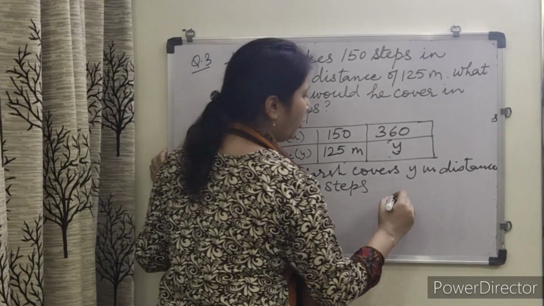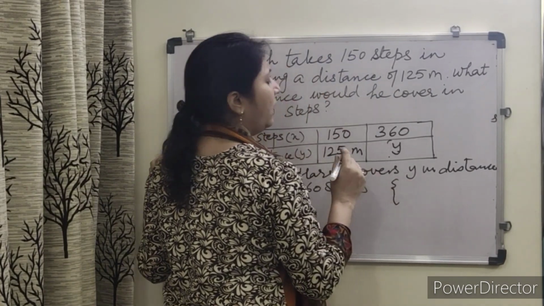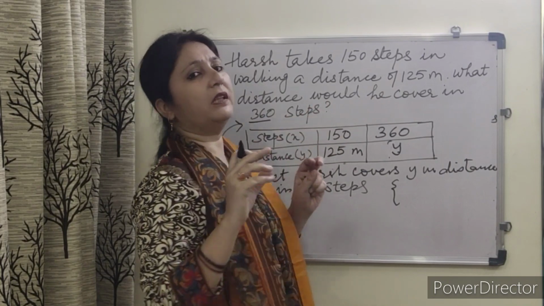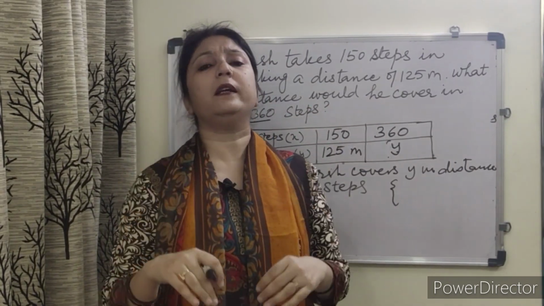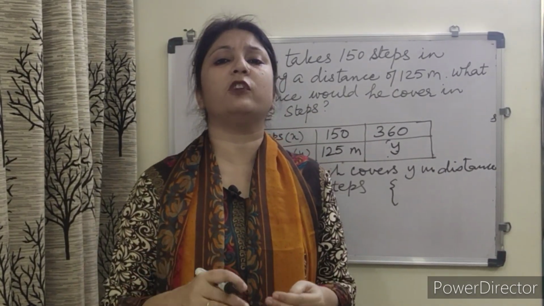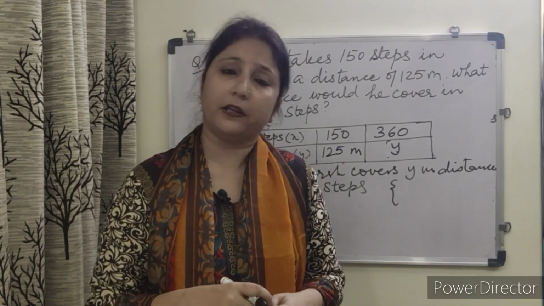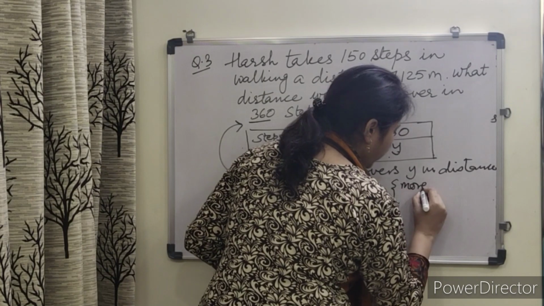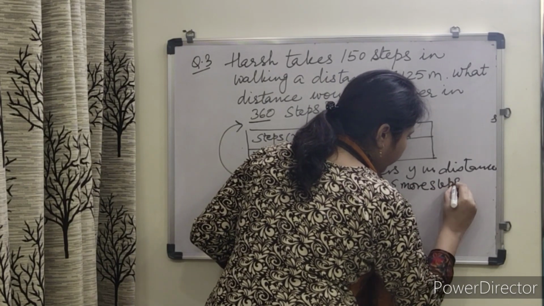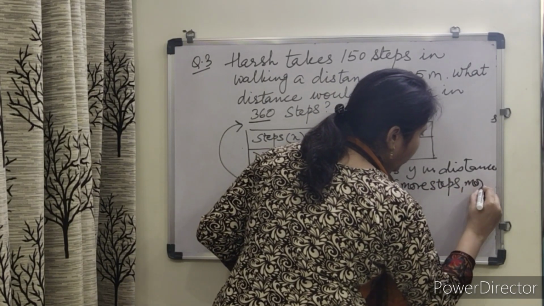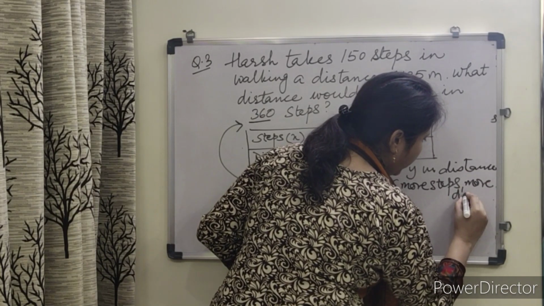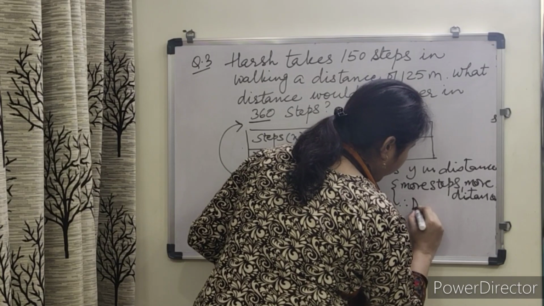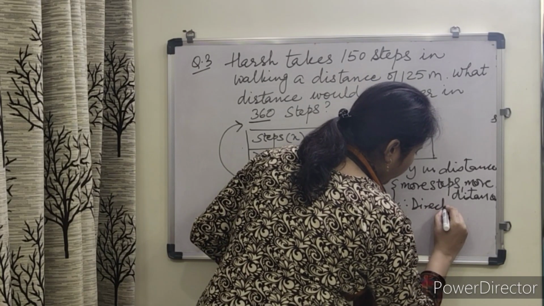Now the statement of variation tells how things are going, whether they are both increasing or decreasing, or on what basis you have judged it is a question of direct variation. So we say more steps, more distance, both in the same way, therefore direct proportion.